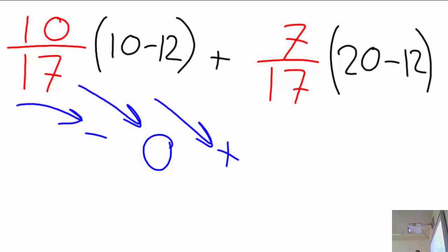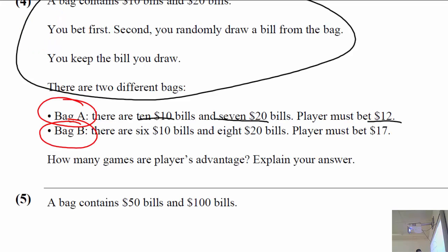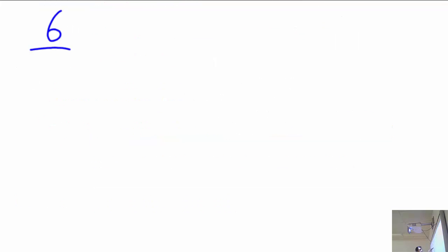I can do another quick example about bag B. Let's quickly talk about bag B. There are 6 $10 bills. How many $20 bills? There are 8 $20 bills.